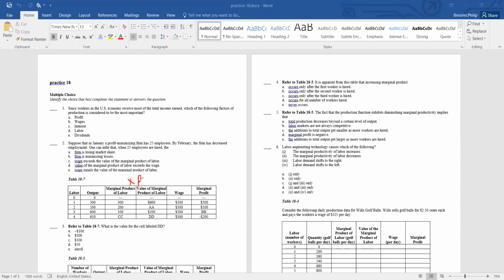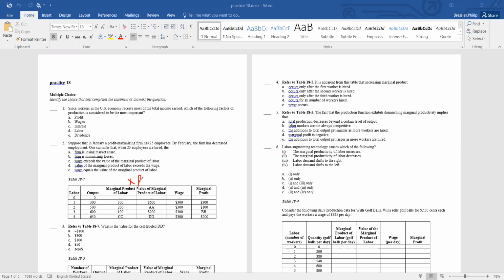So therefore, if the marginal product for the second worker is 200 times 2, AA would be 400. All right. Now, how do I figure out the marginal product of labor? It's the change in output over the change in labor. Now, the change in labor is all one. The only one I have to figure out is CC. That's 650 minus 600. That's 50.